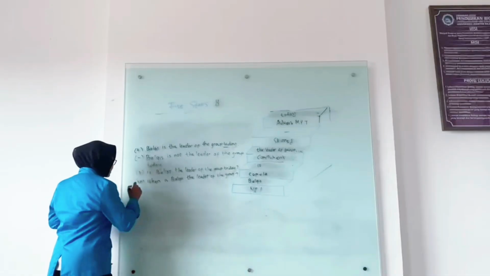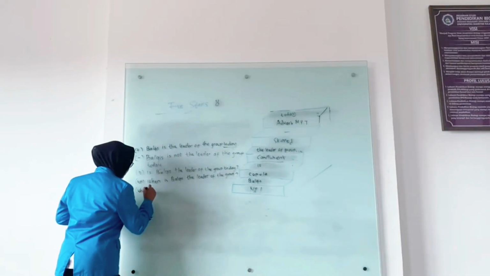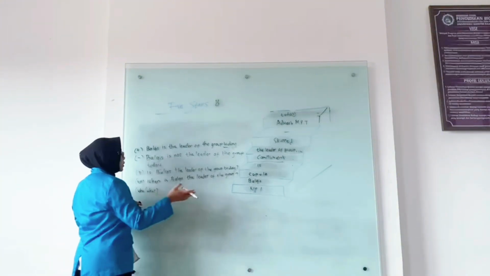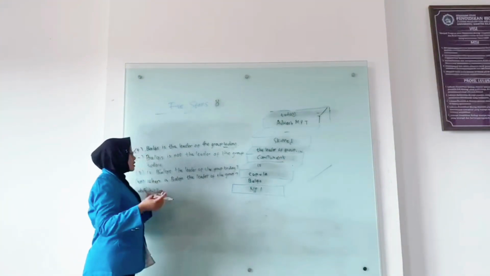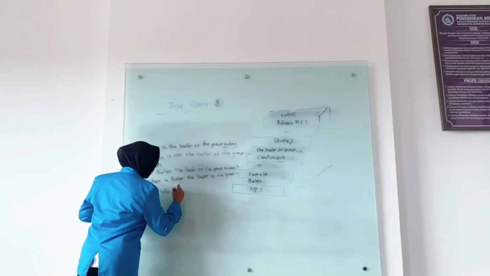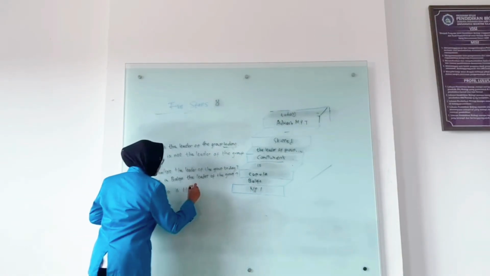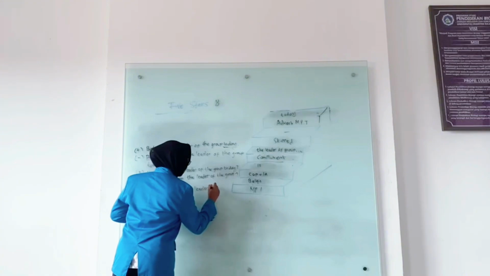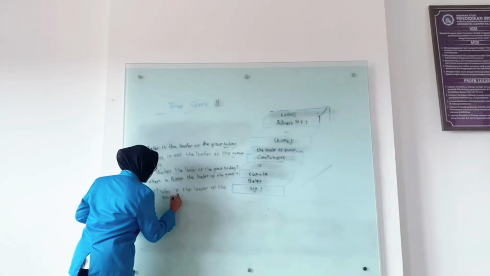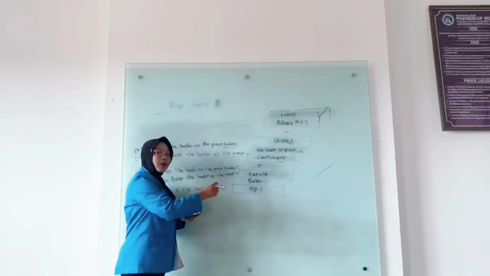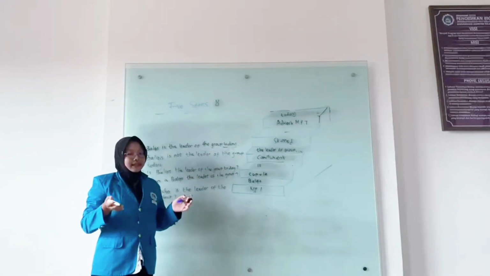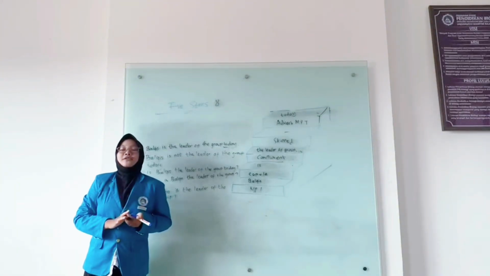And the last is who or what. Because we are talking about humans, we use who. Who is the leader of the group? The answer refers to anyone. Who is the leader of the group? The answer is Balqis. So that's all from me.